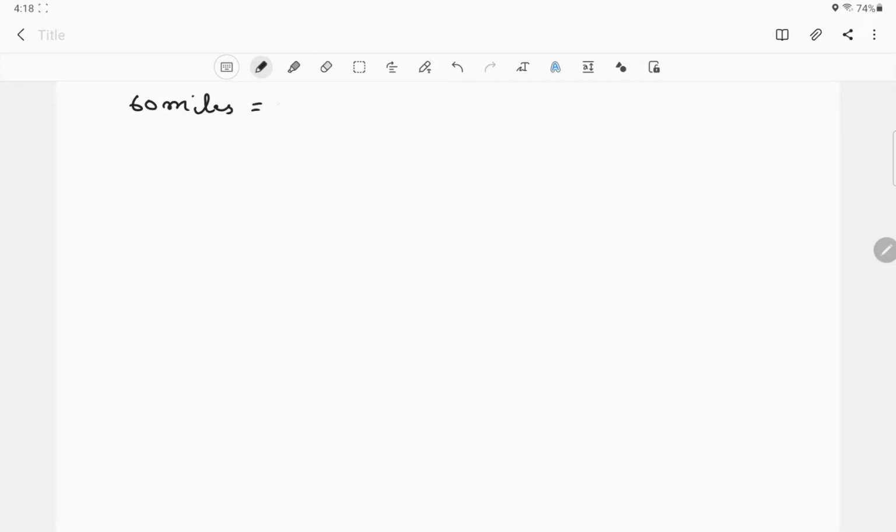This is the distance in each part. So the total distance S total will be equal to 180, because 3 distances will be added. The total distance will be 180 mile.